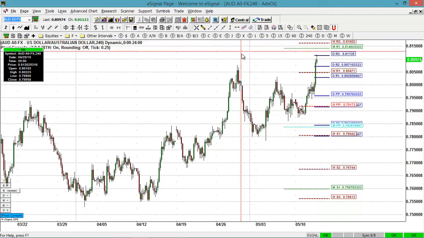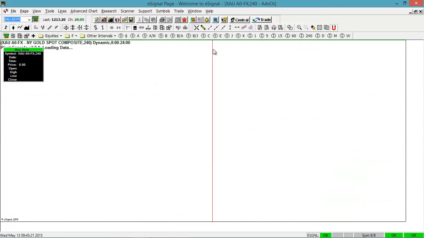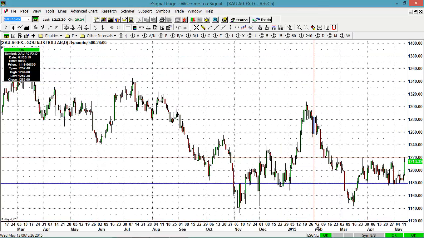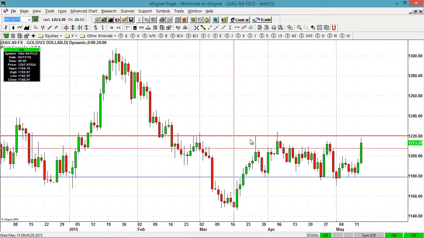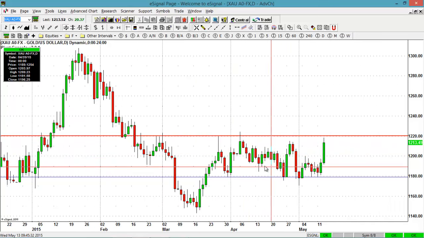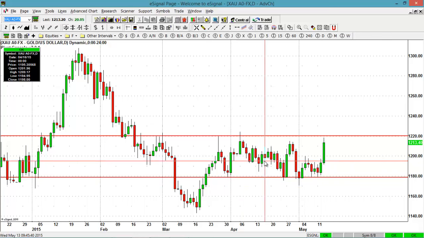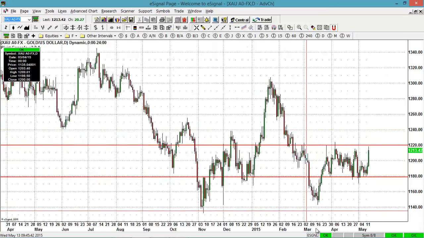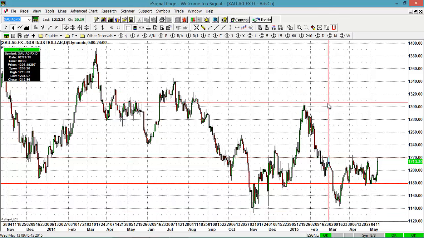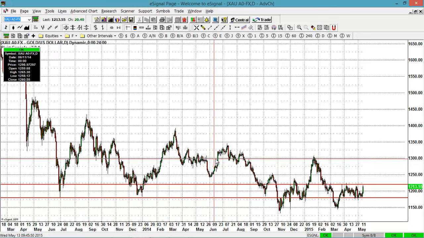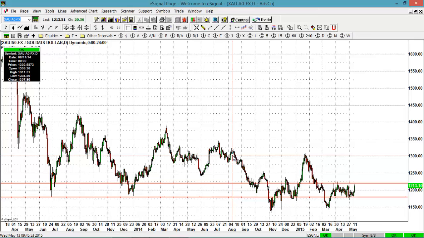Okay, moving on to the gold market, we see that gold is up, but we previously drew this channel, and the gold market is still staying within the confines of the channel. Let me just make this line more visible. As you can see, the market is still in the confines of this channel. Now, in terms of a trend reversal on the daily chart, in order for this market to confirm a reversal, I would want to see it trade above this swing high here.